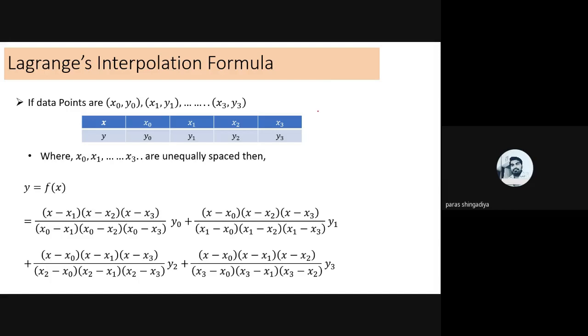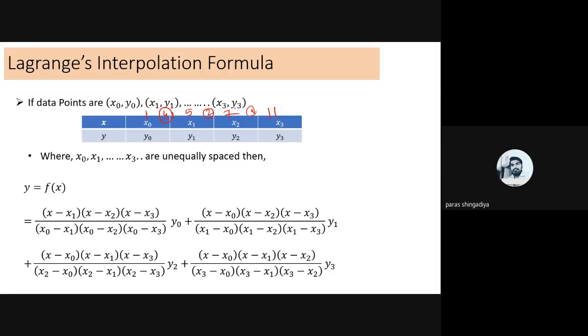For example, consider 1, 5, 7, and 11. The difference between 1 and 5 is 4, between 5 and 7 is 2, and between 7 and 11 is 4. So it is not equal; it is unequally spaced data.